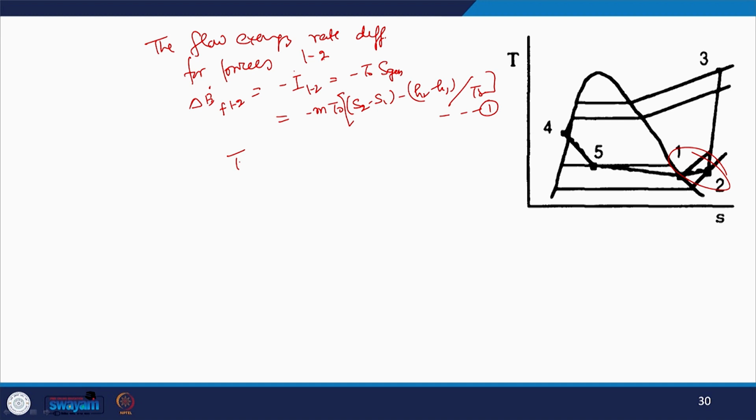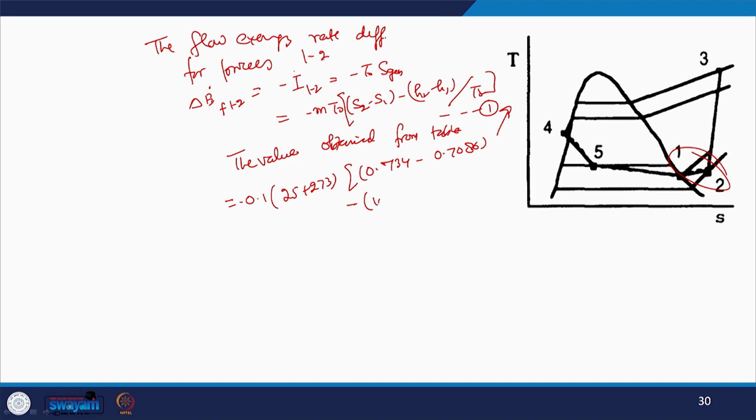We have the values obtained from the table, and substituting them we get minus 0.1 into (25 plus 273) into (0.734 minus 0.7086) minus (184.8 minus 181.2) divided by (25 plus 273).